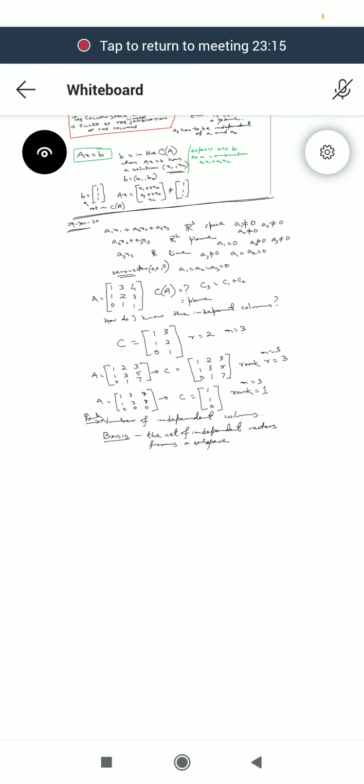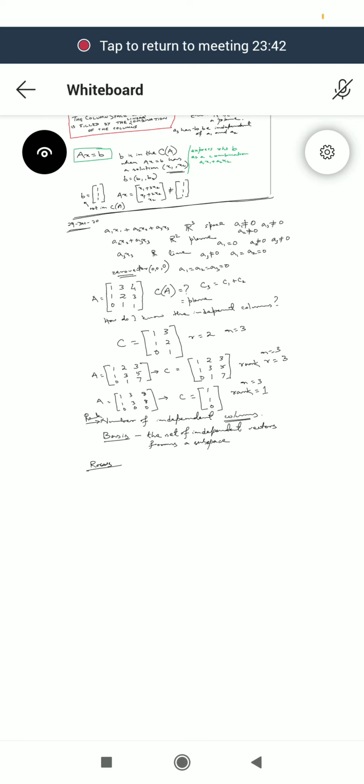Now, when I say number of columns, obviously there has to be another word called rows. Now, what is that row actually?